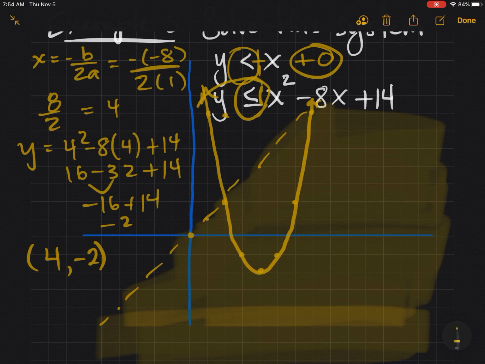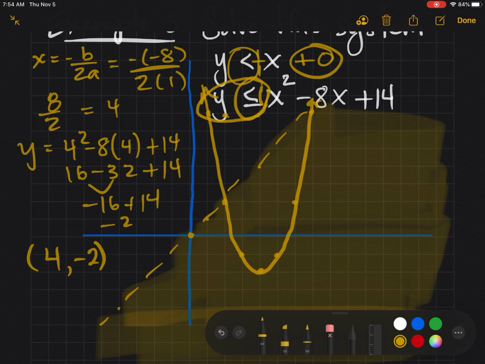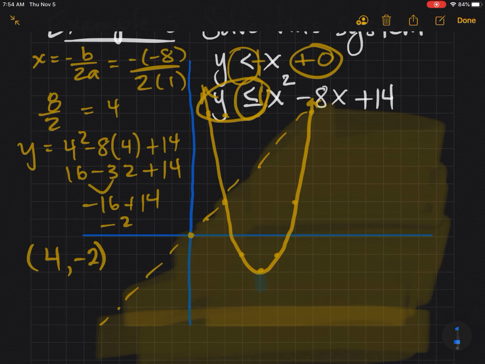And now am I shading above or below? Y is less than, so that means shade below. Let's change colors. So below this parabola would be everything below the vertex and on that same side of the vertex.